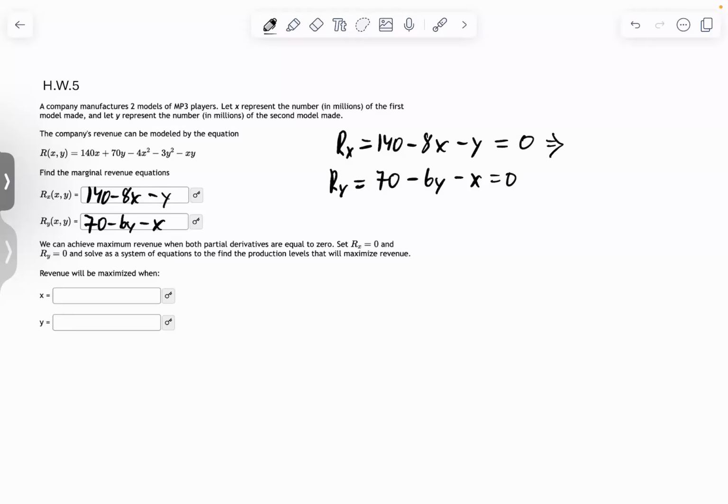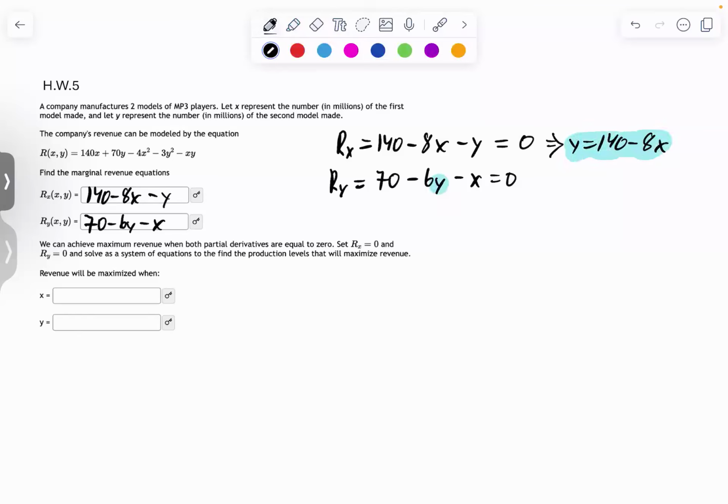And we're going to set each of these equal to 0. Which means this becomes y equals 140 minus 8x. And this becomes, actually, we don't need to do that. I'm just going to dump it in. So I'm going to put that, so let's color code this a little. So I'm going to put that into there.